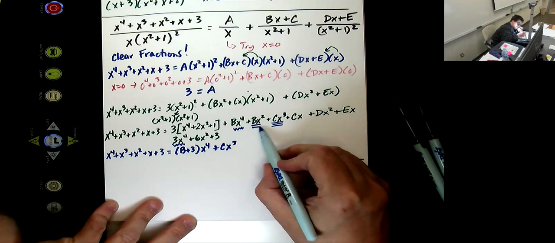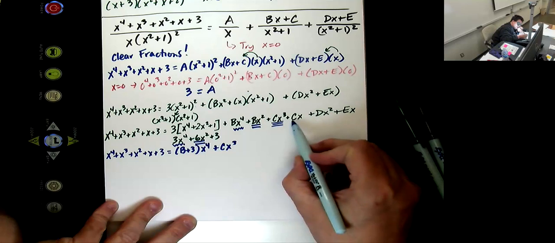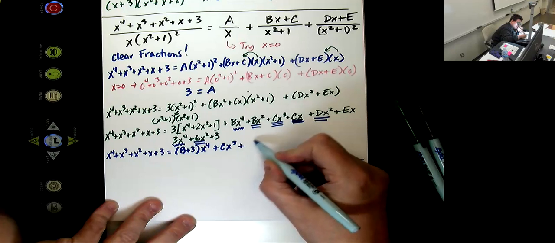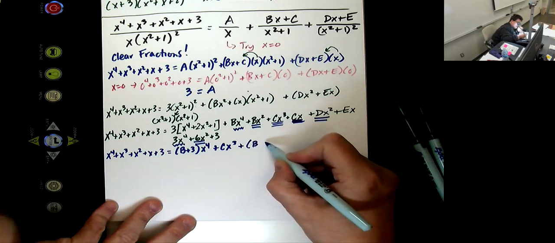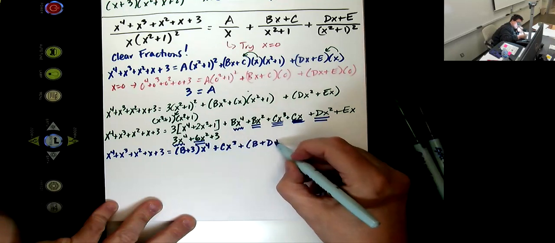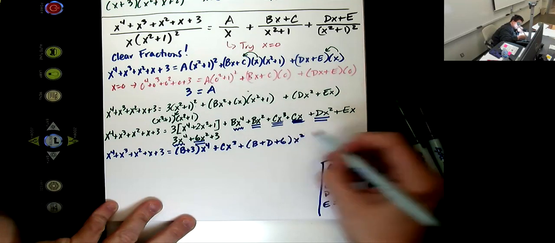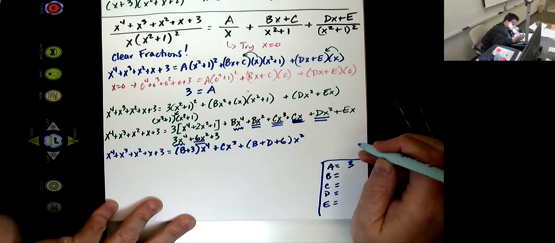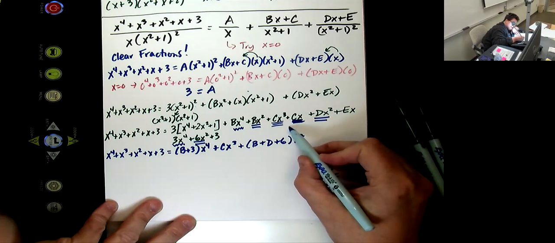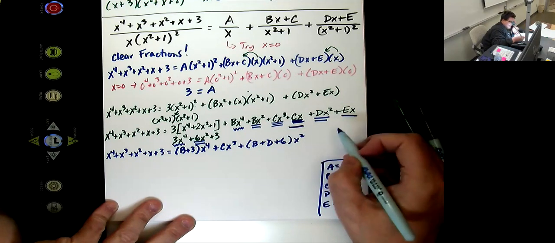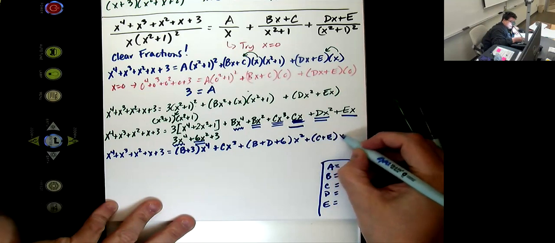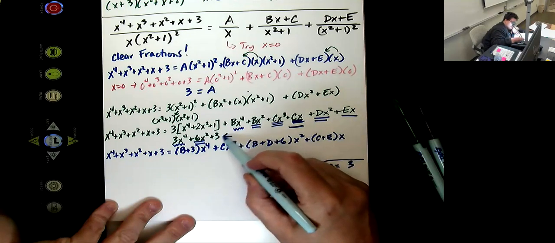I have a few things with x squared. I have a bx squared, a dx squared, and a 6x squared. For my single x's, I have this one right there, the cx and the ex. And finally, I got just a single constant left of 3.